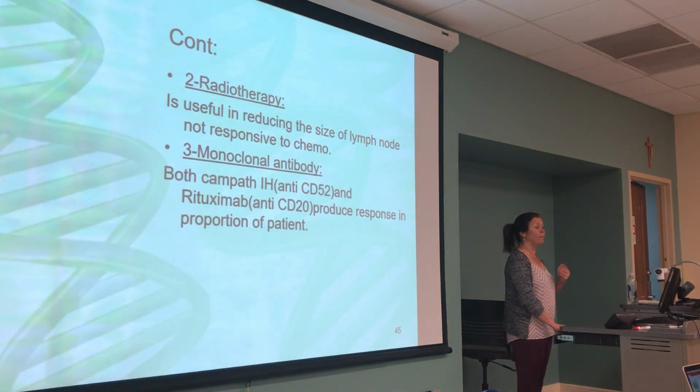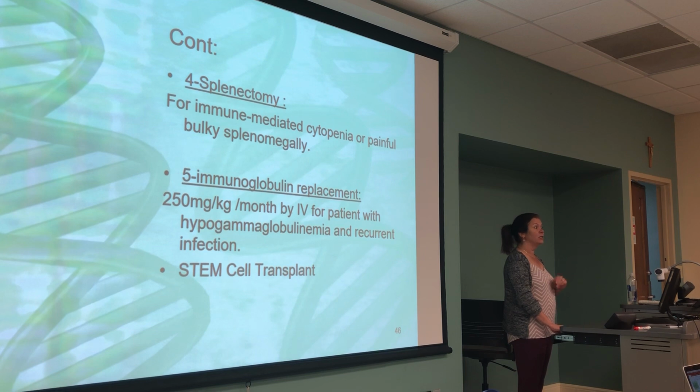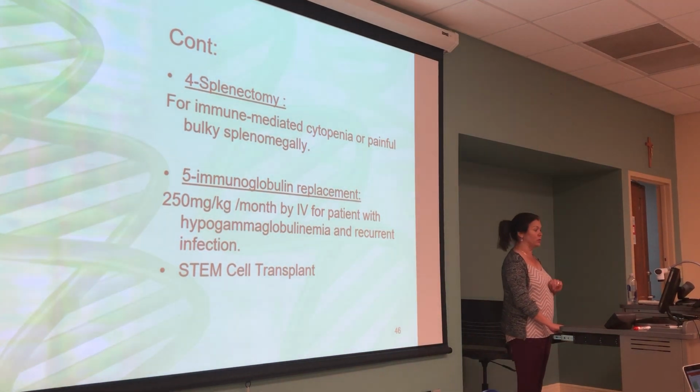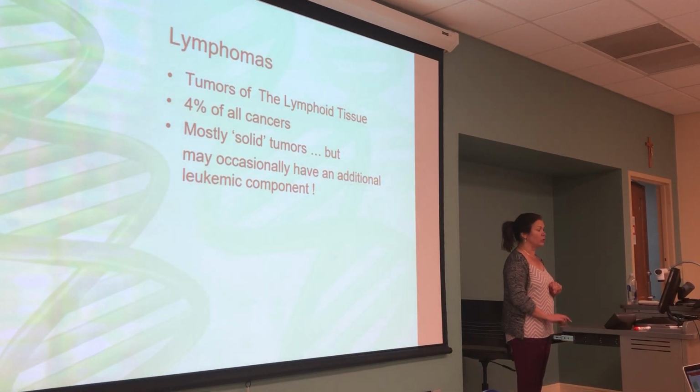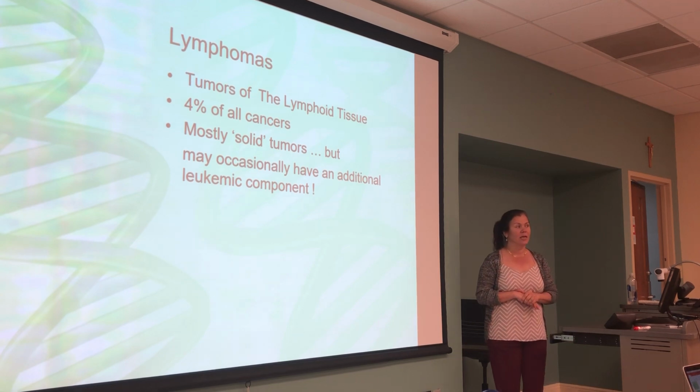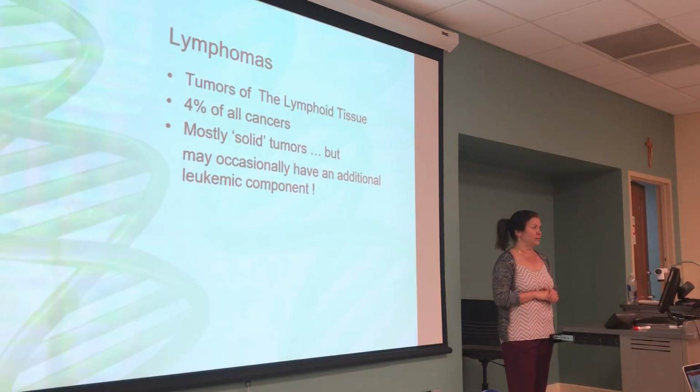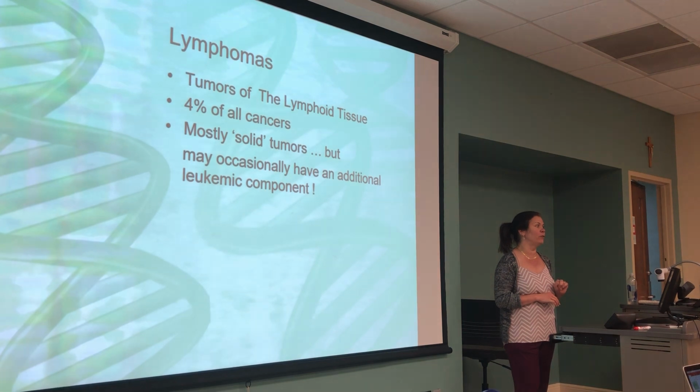Radiation therapy, monoclonal antibody, splenectomy, we already mentioned that, right? Or stem cell transplant. Lymphomas. We have 3 types of lymphomas: Hodgkin, non-Hodgkin, and Burkitt. Okay?